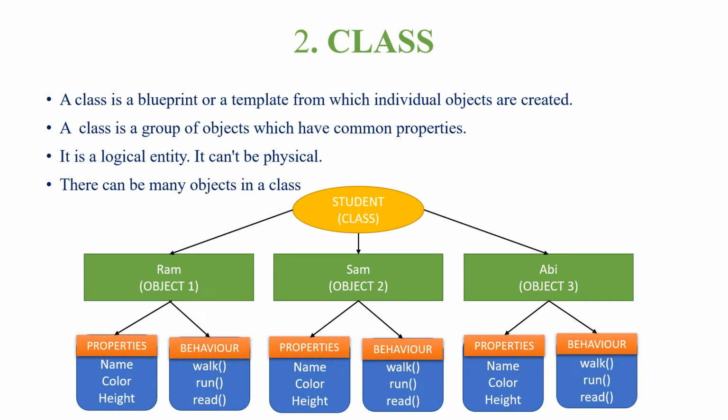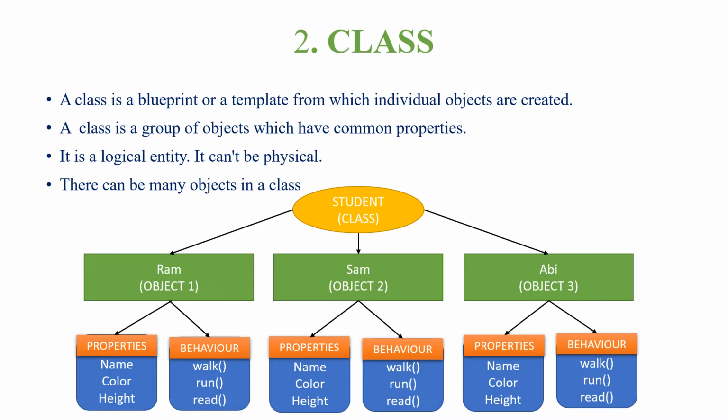Class is nothing but a template or a blueprint from which the objects are created. A single class may have many objects, and class is a logical entity whereas object is a physical entity. Let me tell you an example for differentiating class and object. Let me take a class with many students. The class name I am taking here is student. In that class there will be many students with different names.